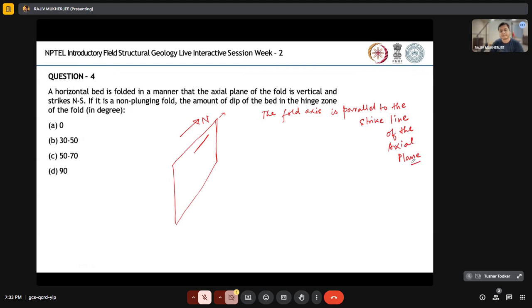Okay. Now the thing is, how do we generate a fold axis?